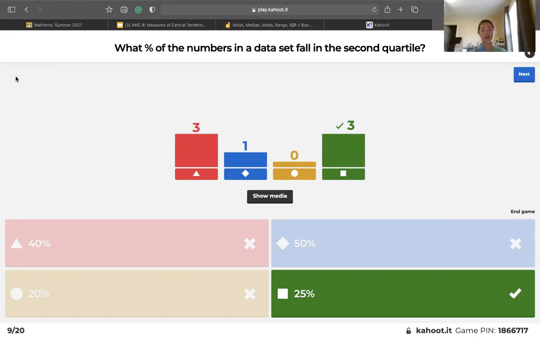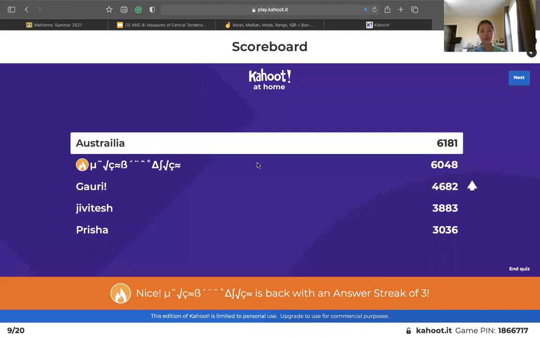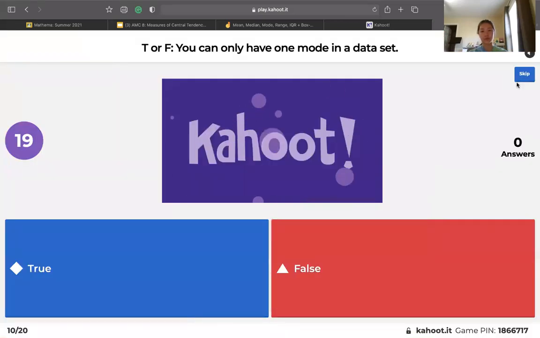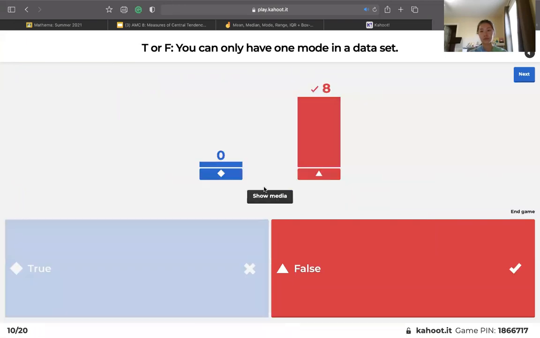These are just the 4 quarters of the data set. So that's why it's 25%. So good job, guys. Yeah, you are correct.